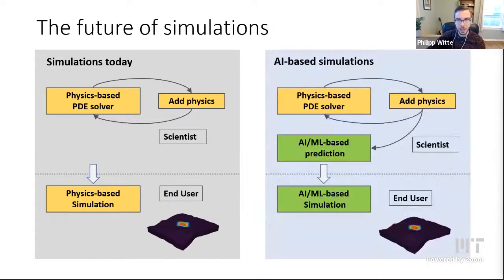So the role that AI can play, from our perspective, would be that you still need that first step. Obviously, you still need to know about the physics and develop your physics-based solver. But from there, you then derive AI-driven models that maybe cover only a small subset of what your full numerical model can do.